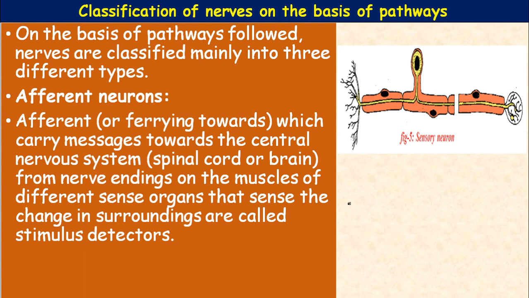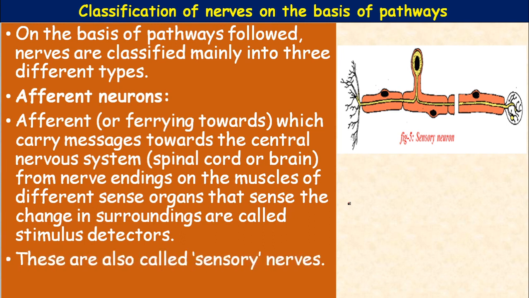Afferent neurons will carry the messages from sense organs to the brain and spinal cord. That's why they are also called sensory nerves or sensory neurons. Afferent means ferrying towards or incoming.